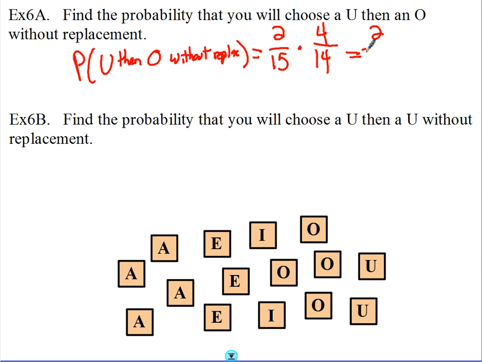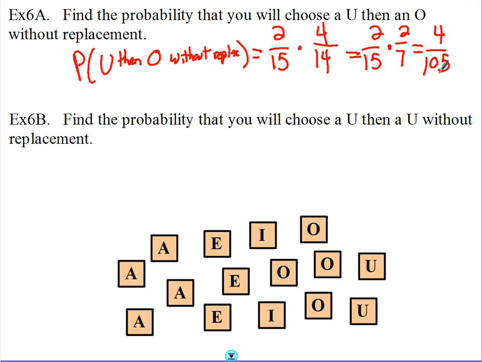Can't simplify that first one to 15, but I can simplify that other one. I get 2 over 7. When I multiply everything out, I have a probability of 4 over 105. And that's our answer for this one.